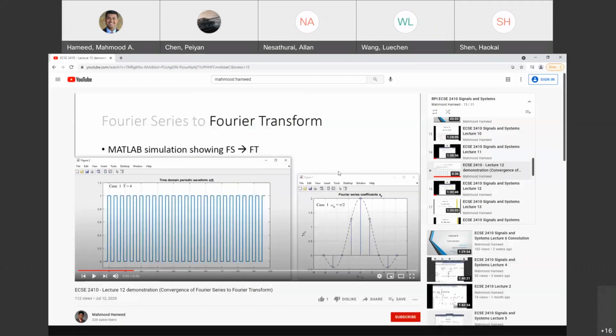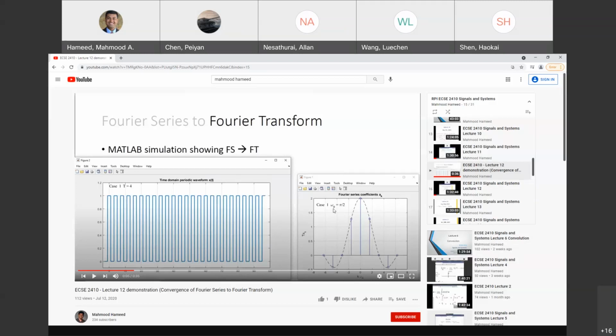We are going to look at this MATLAB simulation first. When I run this, I'll try to use pause. The first thing that I'm doing is case one. Case one is a periodic square wave. On the left, I have the time period of that signal set to 4. And on the right, I have its Fourier series coefficients, a_k. If the time period is 4, I know that omega naught is going to be pi over 2, 2 pi by 4.